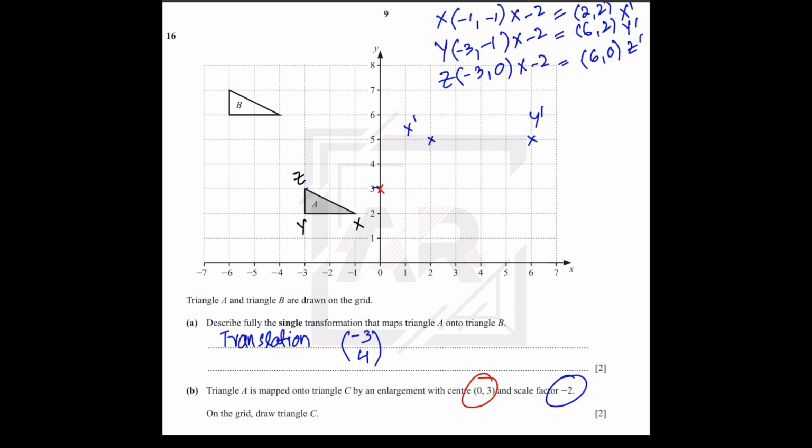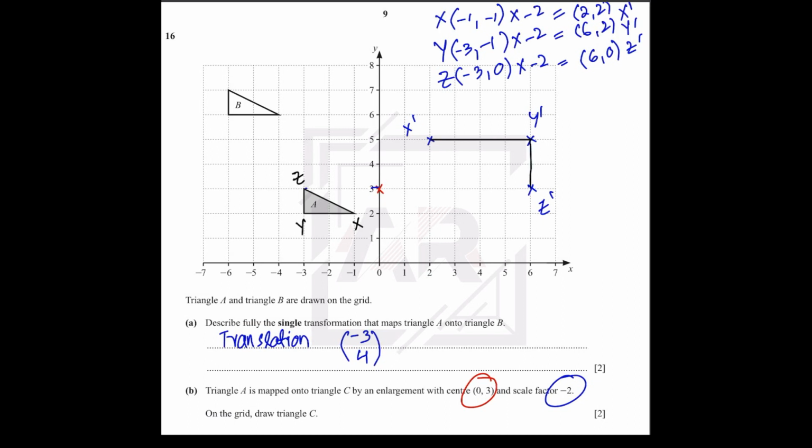So I am going to move 6 steps in the positive or right hand side direction of the center of enlargement, and there is no movement in the y, so I am going to write it like this over here. This one is Z dash. Now I am going to join all these points with a ruler, and it is going to be like this. So this one is the enlargement of triangle A onto triangle C.